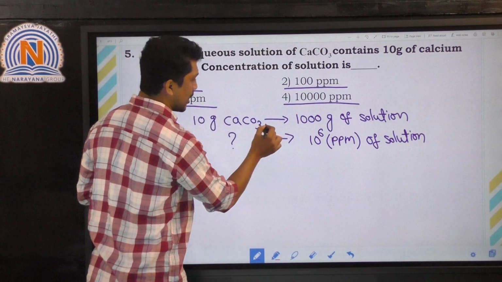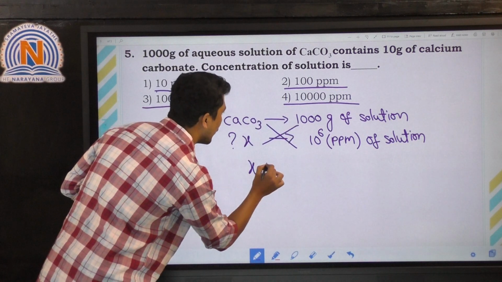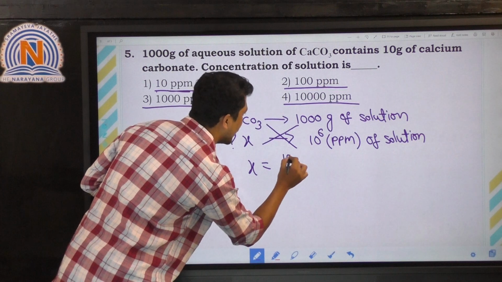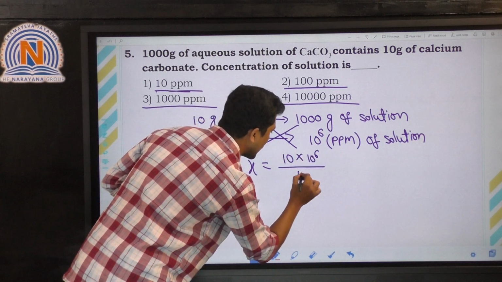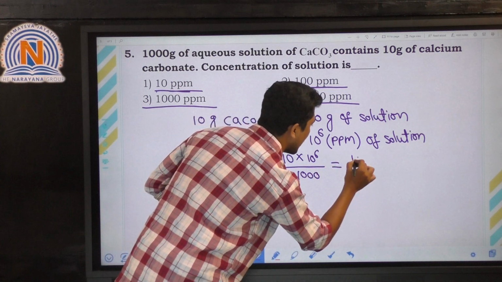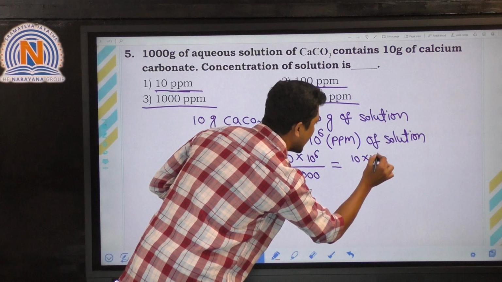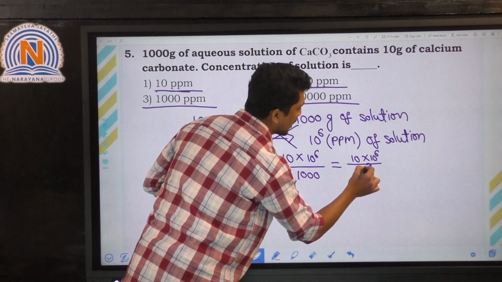Now do the cross multiplication. So x equals 10 into 10 power 6 by 1000. Rewrite the equation: 10 into 10 power 6 by 10 power 3. Just cancel it.